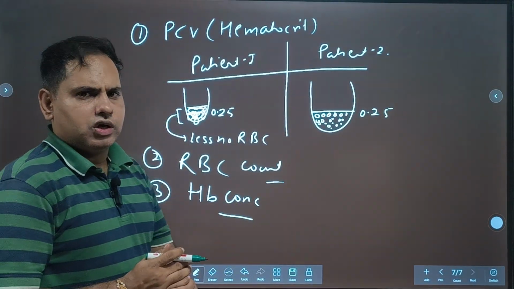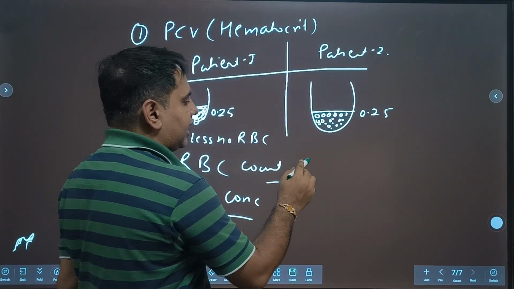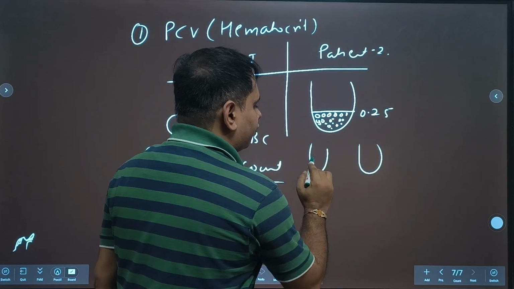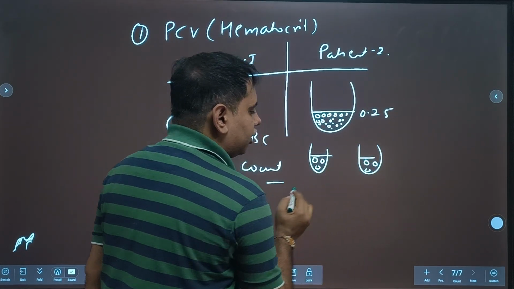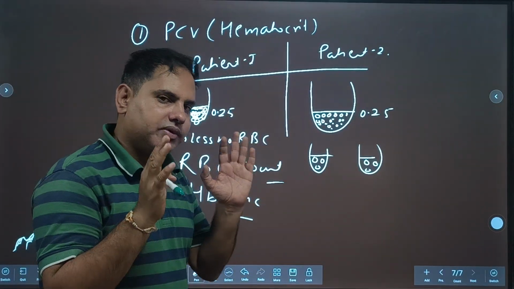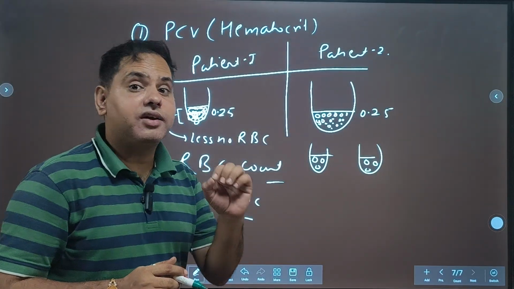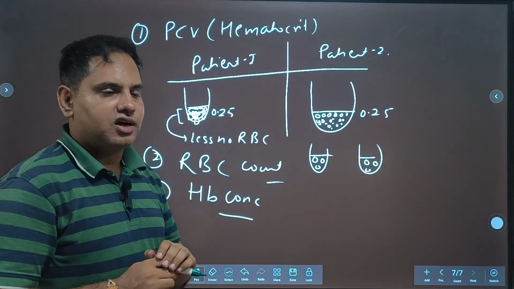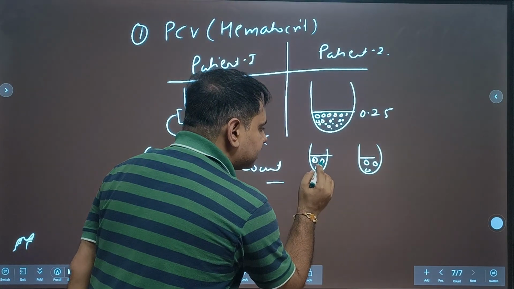Hemoglobin. Hemoglobin can be different even if your packed cell volume is the same and your number of RBCs is also the same. For these two patients, their packed cell volume is the same, their RBC number is also the same, but they can differ in their hemoglobin concentrations. Hemoglobin is a component present inside the RBCs.